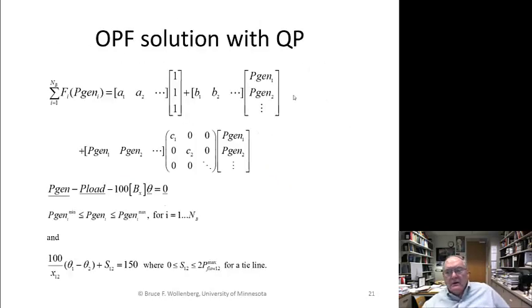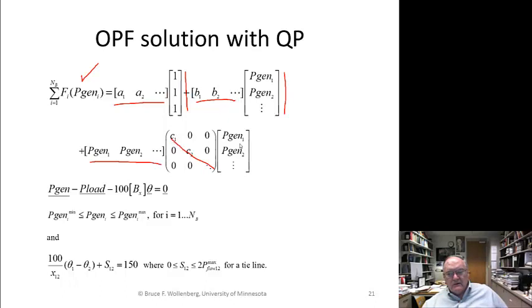So now let's look at the QP. Quadratic programming says that this is expressed as a set of vectors: a set of A values times a vector of 1s, B values times our unknown vector, which is the vector p gen 1 through n, and then we multiply the p gen vector times the C matrix, which is really just a diagonal.